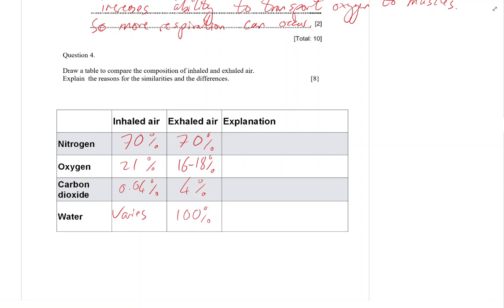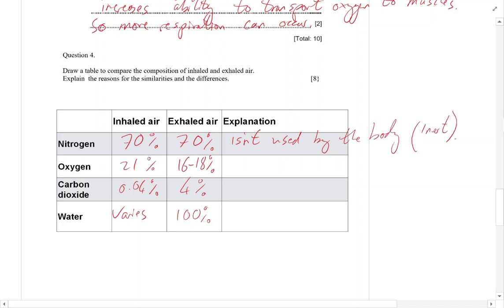And give reasons. Nitrogen isn't used by the body. In chemistry we say it's inert. Oxygen is used in respiration, so that's why it's decreased.